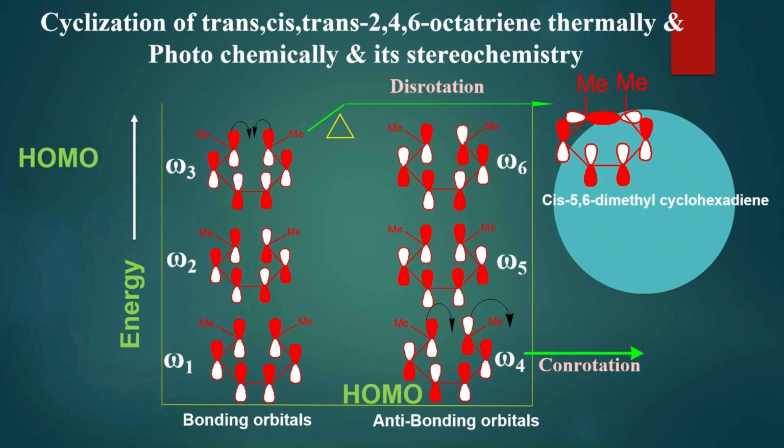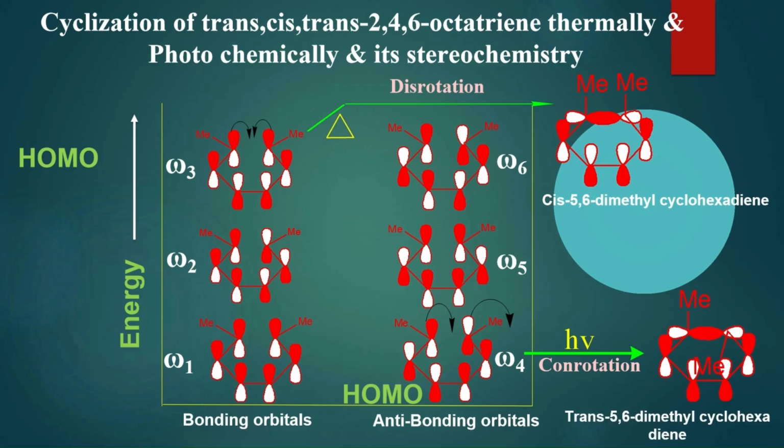When conrotation occurs, the methyl group attached at the 7th position moves downwards. The methyl group attached at the 2nd position moves upwards. Thus the 2 methyl groups remain in opposite planes to each other. That's why it gives rise to trans-5,6-dimethylcyclohexadiene.